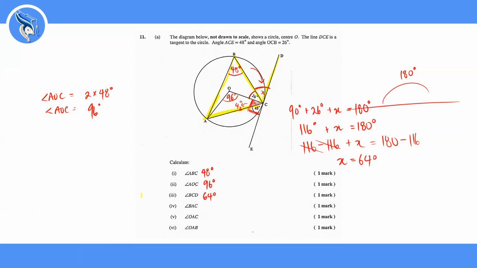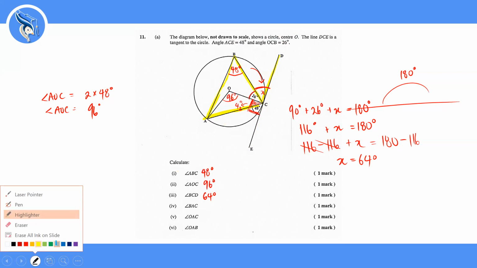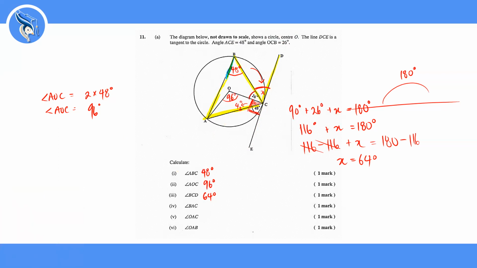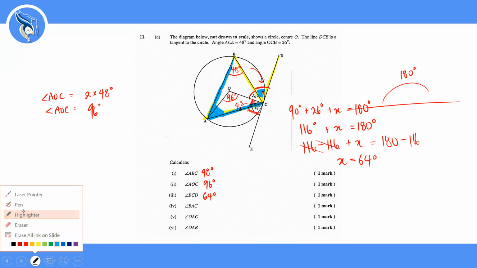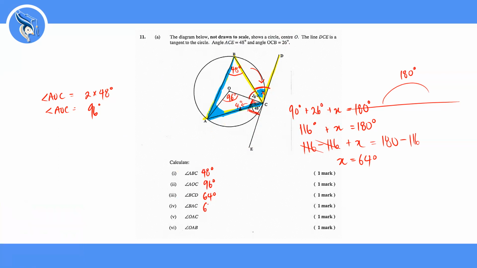The mouth of BAC opens onto BCD. Let me use another color just so you can see what I'm talking about. So that means that this angle is in the alternate segment. So this and that is equal, right? So that means that BAC is also 64 degrees.